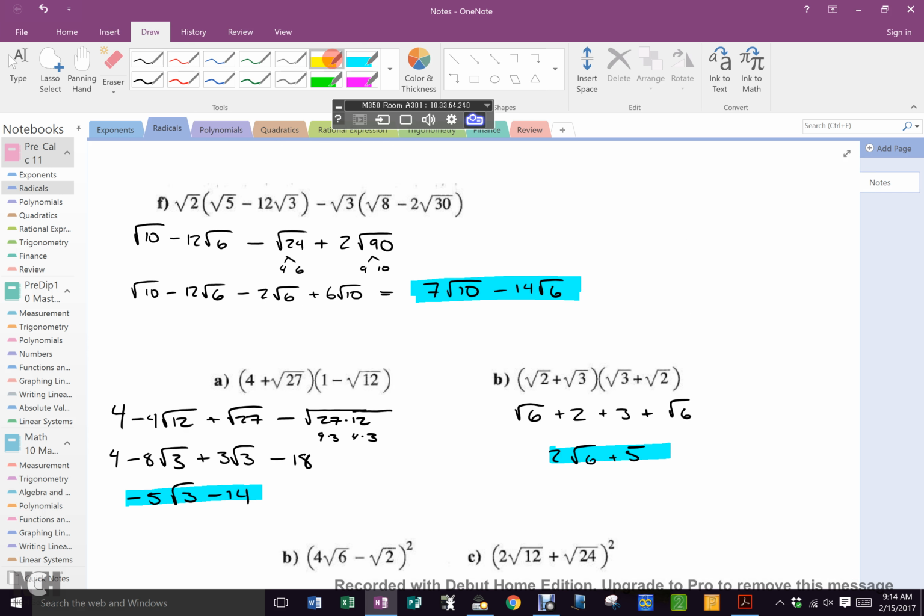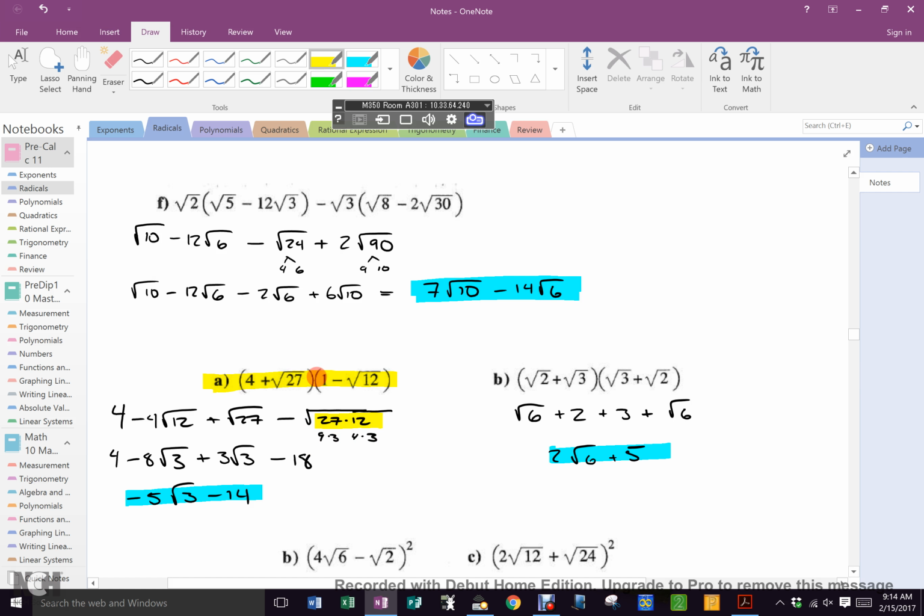Can I call your attention to this guy right here? I did something a little differently here. I didn't simplify till here. Then I simplified 9, 3, 4, 3, and then I pulled out everything. Does everyone see what I did there?